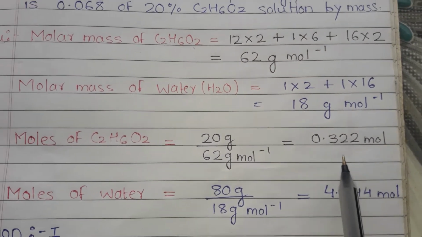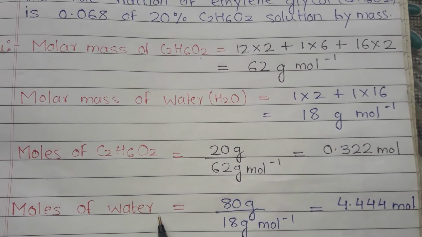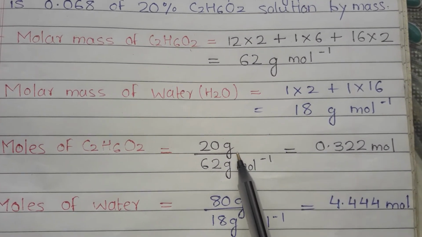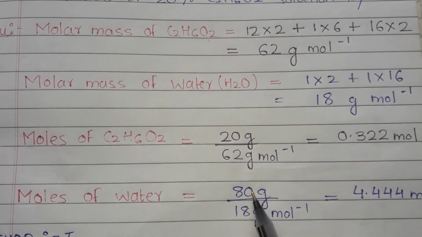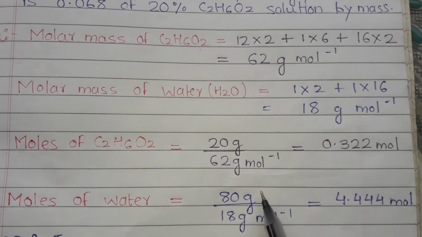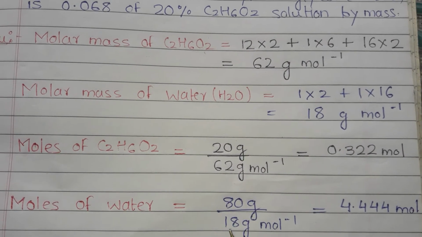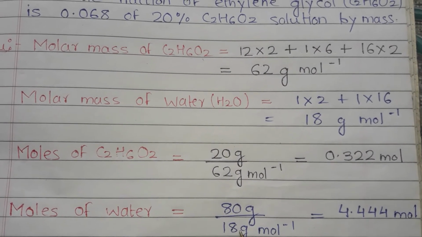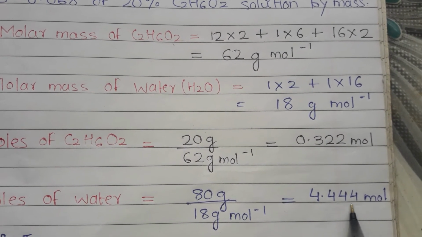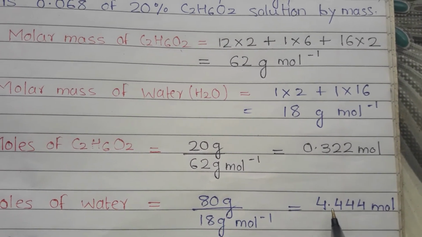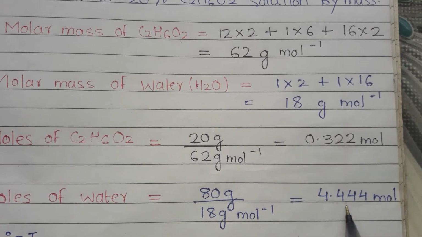Likewise we can find the moles of water. As our solution is 20%, the solute is 20 grams and the remaining solvent is 80 grams. So we divide 80 grams by the molar mass of water, and we get the moles of water as 4.444 moles.